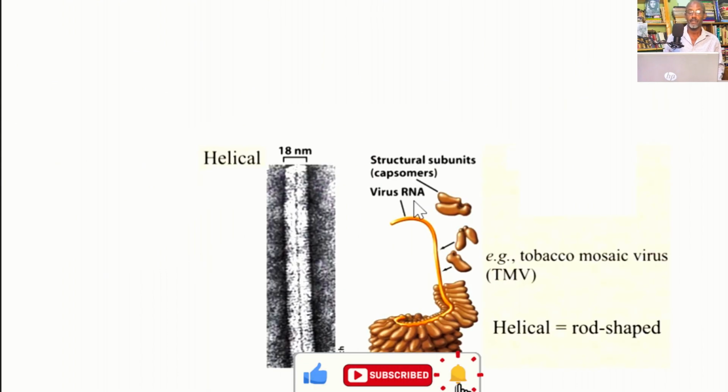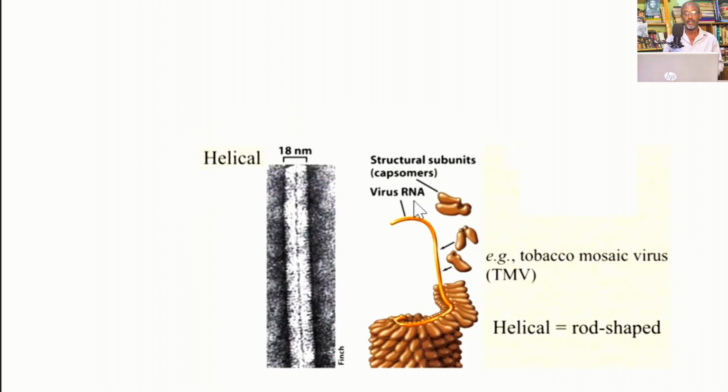You can see this diagram, the diagram to the right. The nucleic acid is attached to the capsomers that make the capsid from the inside, and it twists in a cylindrical fashion. This is tobacco mosaic virus, which attacks the tobacco plant, destructive to the tobacco industry.